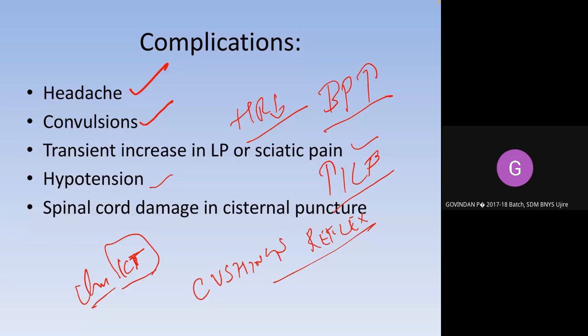But when there is intracranial tension because of some pathology or some trauma, as in head injury, heart rate is decreasing, BP is increasing. Usually, systolic is increased and diastolic is decreased. Okay. Spinal cord damage in cisternal puncture, that is direct puncture leading to the problem.